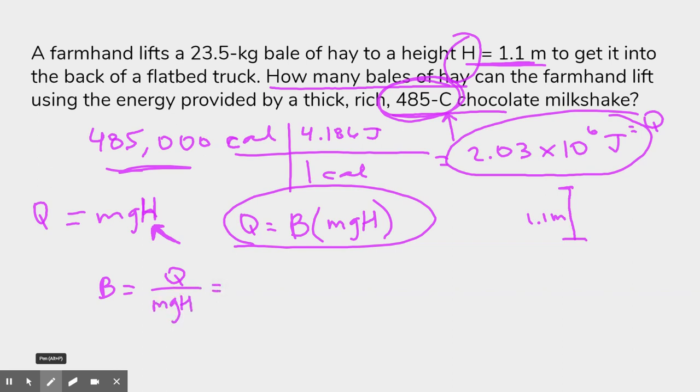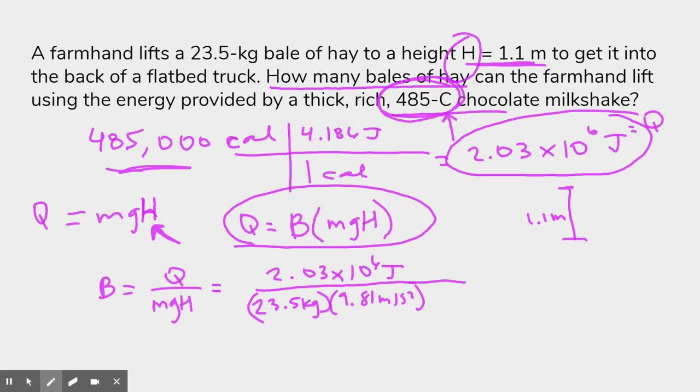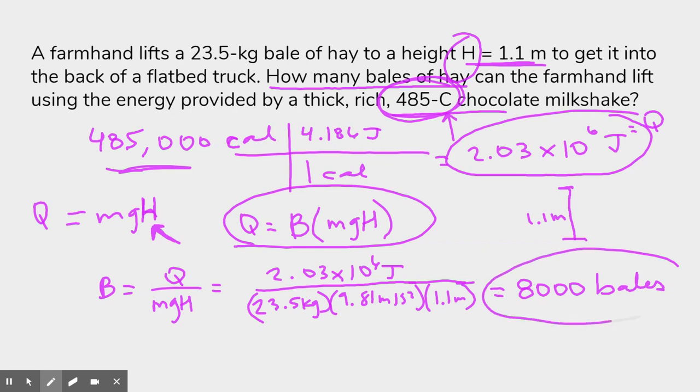Let's plug in everything we know. 2.03 times 10 to the 6th joules divided by 23.5 kilograms, 9.81 meters per second squared, and 1.1 meter. Work this out, and you should get a value of 8,000. So this would be 8,000 bales.